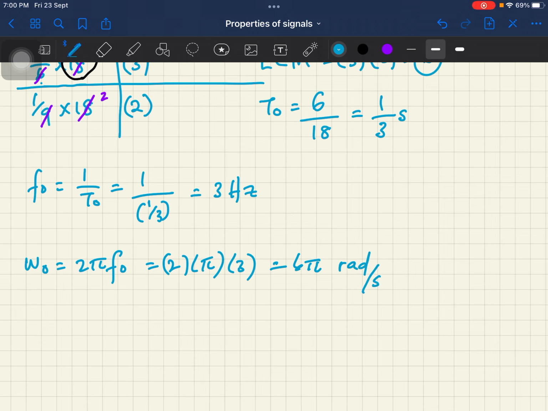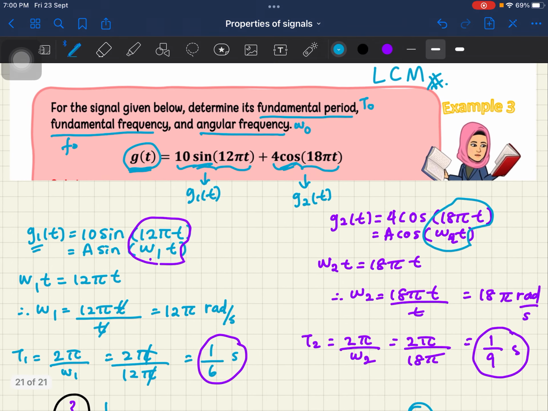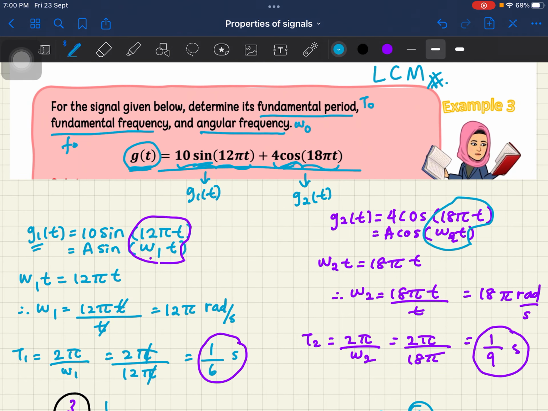These are the fundamental period, fundamental frequency and angular frequency of g of t, which is the sum of a sine function and a cosine function given in the equation.